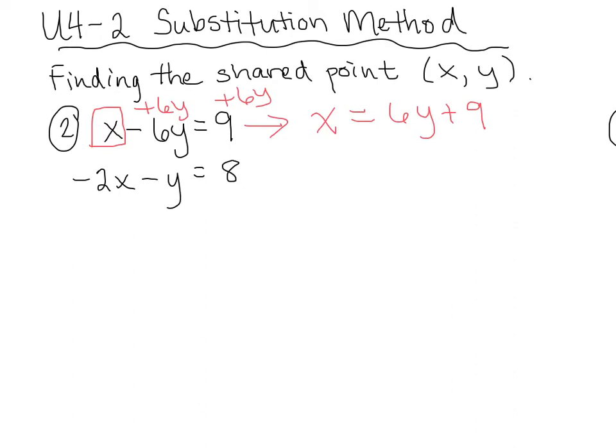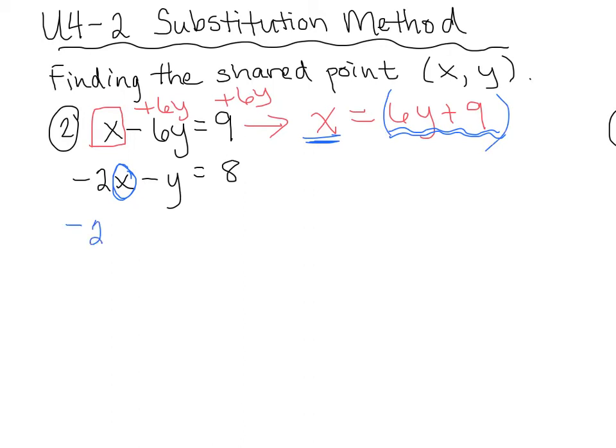So now I have x by itself, and I have its substitute, right? X is equal to 6y plus 9, and so I'm going to find the letter x in the other equation, right, in equation 2 down there, and that's where I'm going to plug in 6y plus 9.